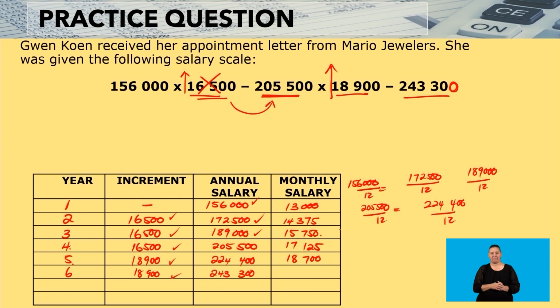Now, when you have your 243,300, you divide it by 12, how much are you going to get? You will get 20,275. That becomes your monthly salary.